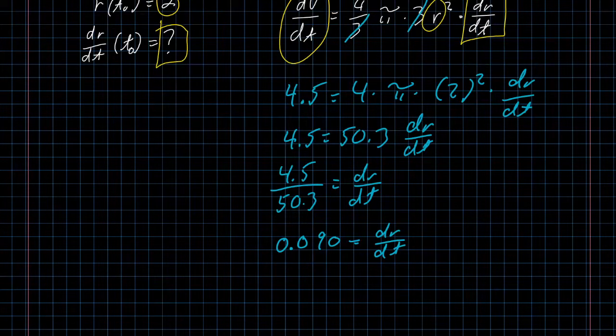At this point, as we're pumping 4.5 cubic feet per minute of air into the balloon, the radius of the balloon is increasing at a rate of 0.090 feet per minute. Not exactly very fast.